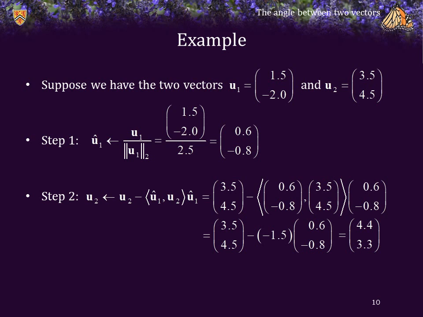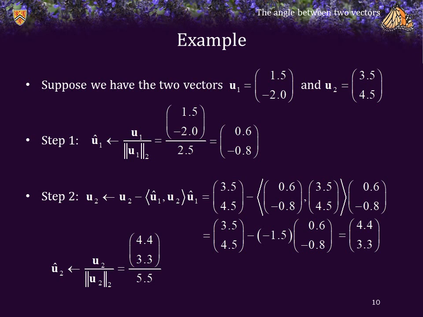Now, you will see that that vector is not normalized, but it is actually orthogonal to the vector u1 cap. So the next step is to simply normalize that vector. So u2 cap is now defined to be this new u2, which is 4.4, 3.3, divided by its 2 norm, which, if you were to calculate it out, is 5.5.